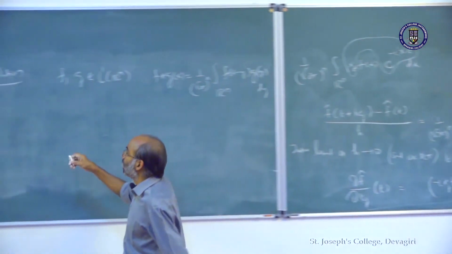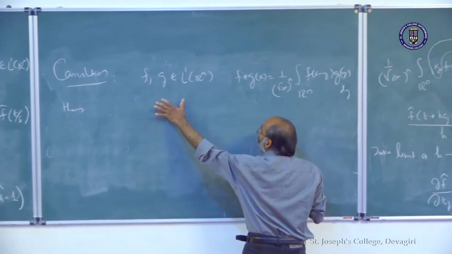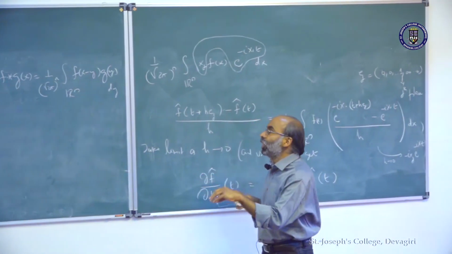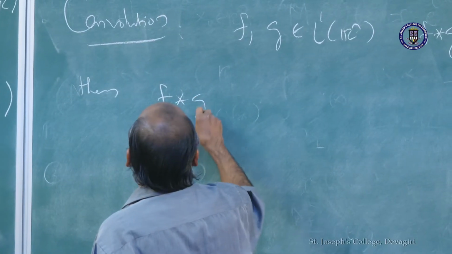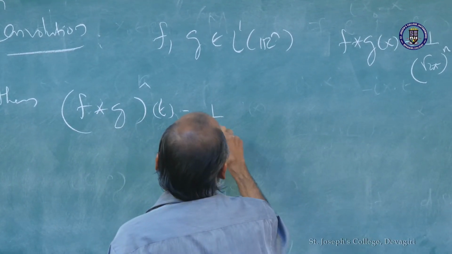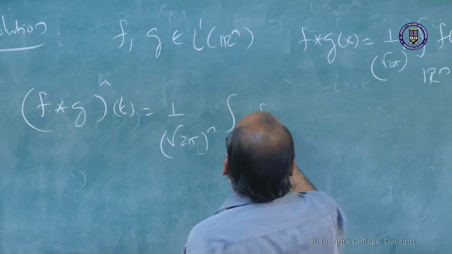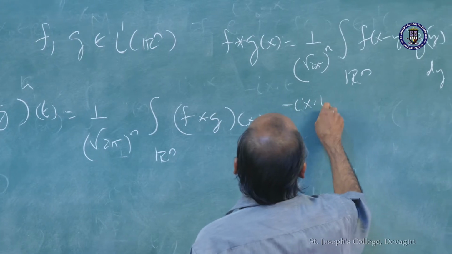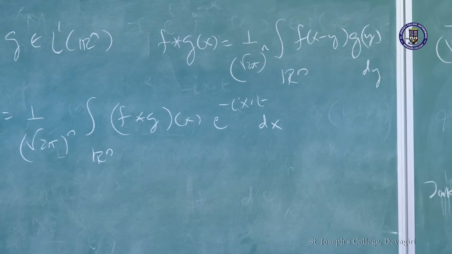Okay, so then, if I take two functions in L1, I know that the convolution is also in L1, right? L1 convolve with L1 lands you in L1. So I can take the Fourier transform. So f star g hat at t is 1 by root 2 pi to the n, integral over Rn of f star g at x, e to the minus i x dot t dx. This is the definition of the Fourier transform.